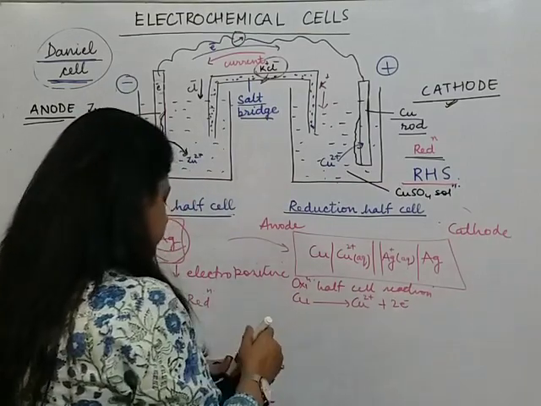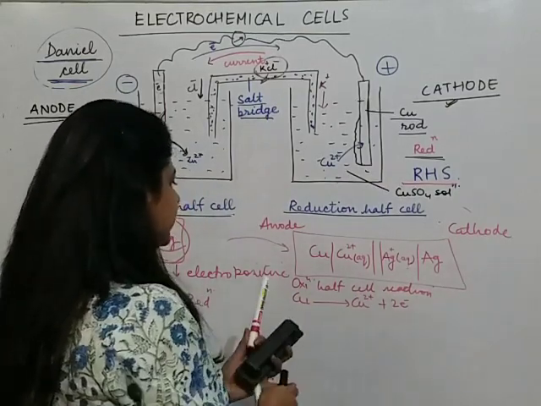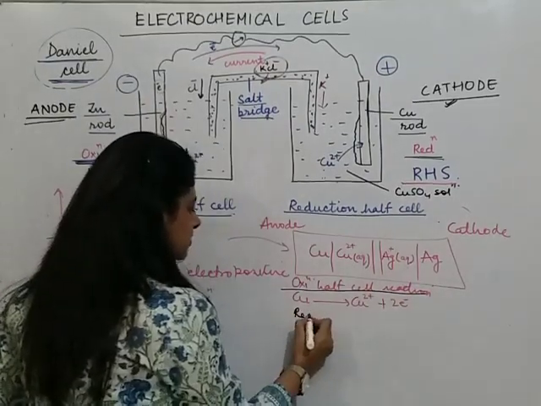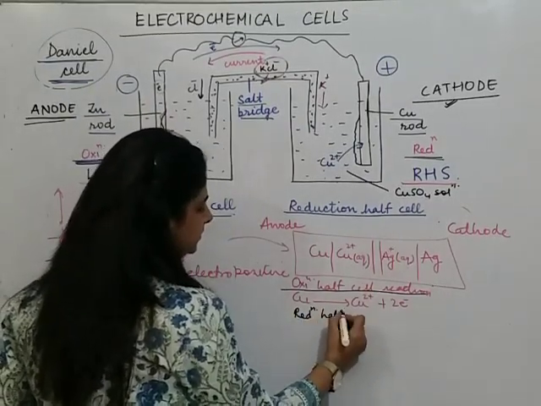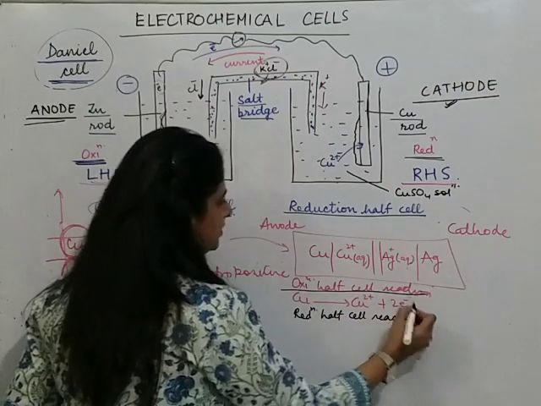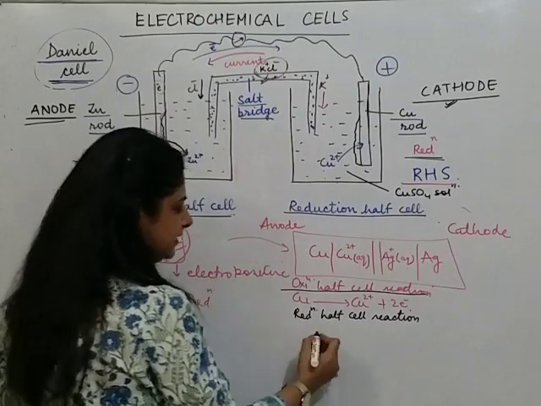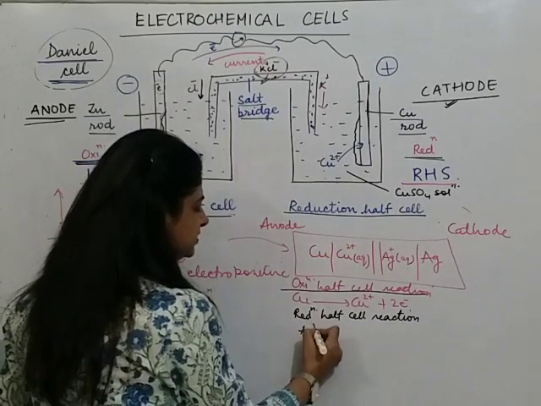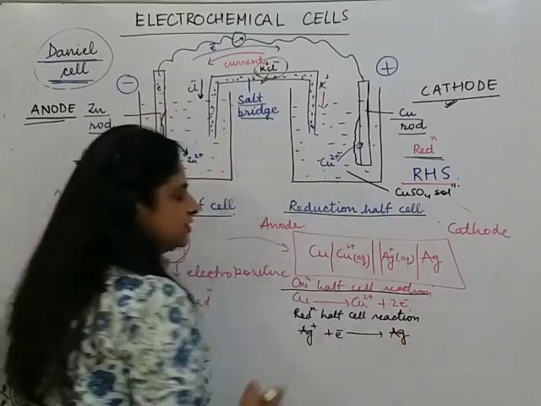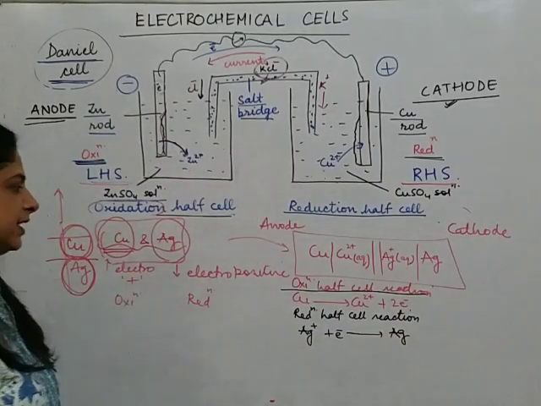What would be the reduction half cell reaction, or cathode half cell reaction? In this case, the silver ion will get reduced to give you silver metal.